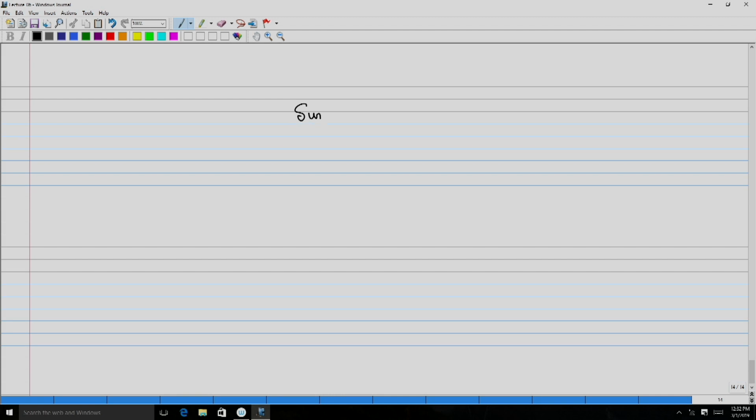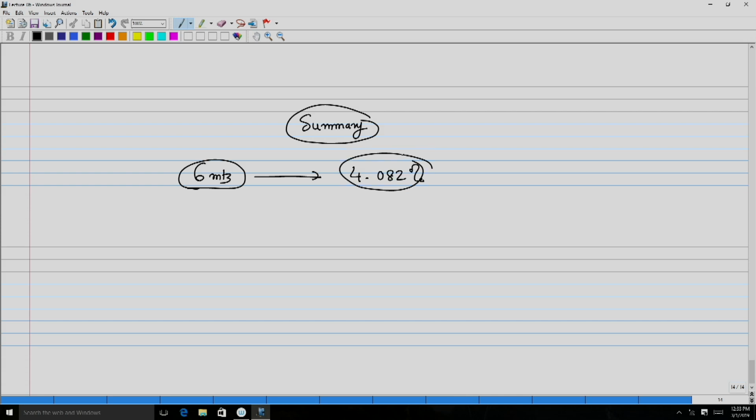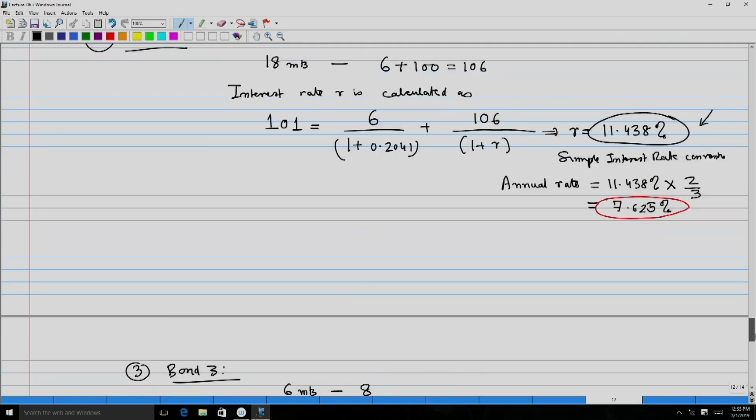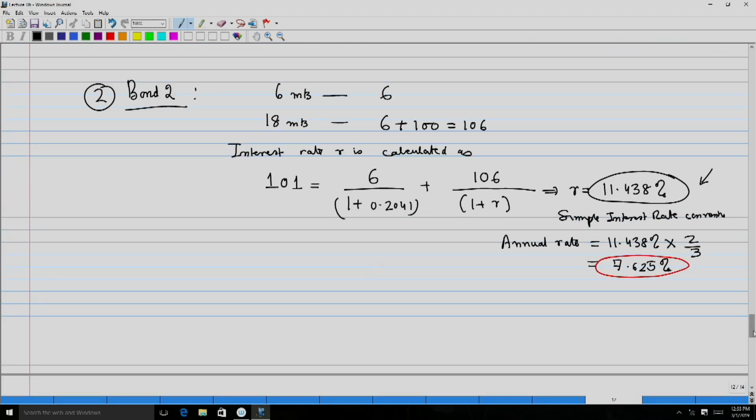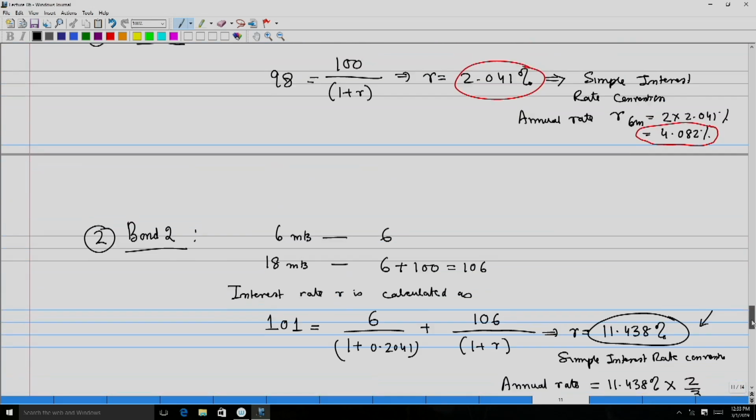So, to sum up, we present all the interest rates, because we started off with the problem of setting up the term structure by making use of the characteristics of the 3 bonds. To summarize, what have we got? In case of 6 months, the annual interest rate that is prevalent is 4.082%. Remember we had this number.